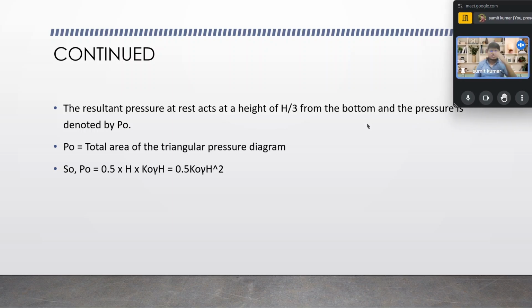See, before going for a break of 5 minutes, we were talking about the earth pressure theory, and we have discussed the earth pressure theory in the rest condition. We have discussed how we calculate its location. Up to here, we have not talked about the stratified layer of soil.